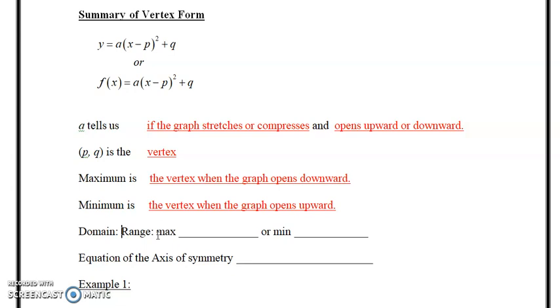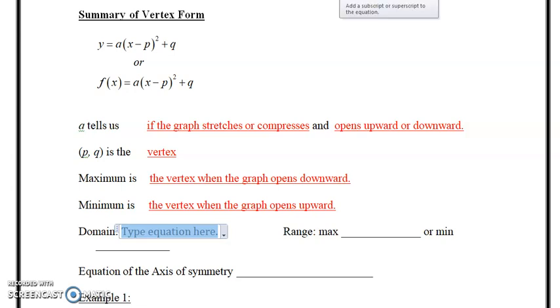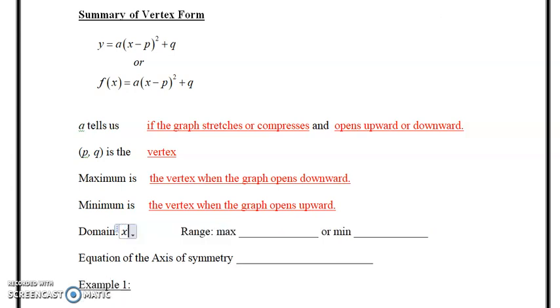Your domain, as a lot of you are already aware, is x is an element of the real number system. It goes on forever to the left and to the right. If you have a maximum value, that means your graph is going to go downward.